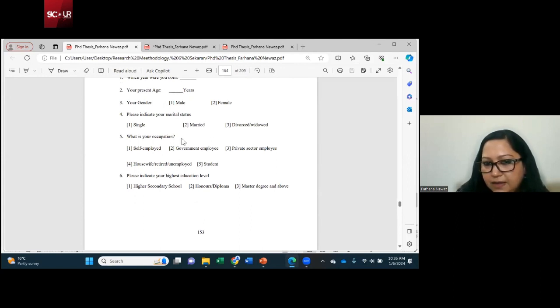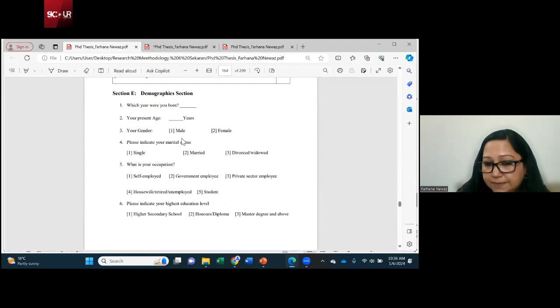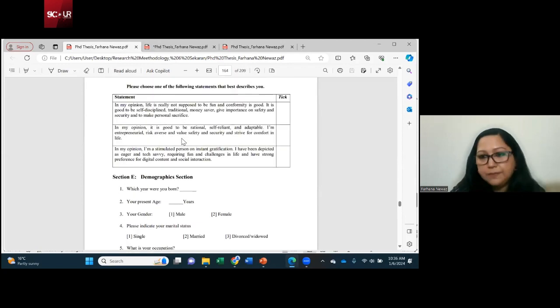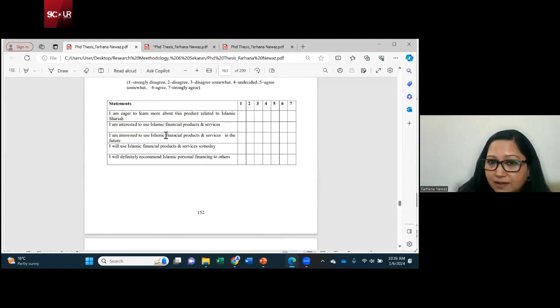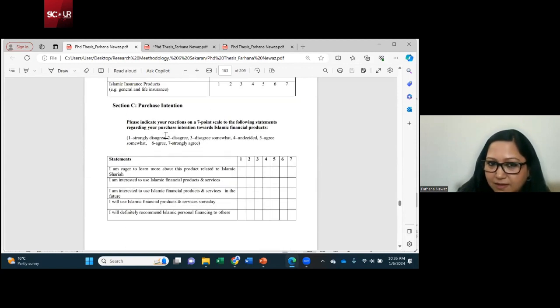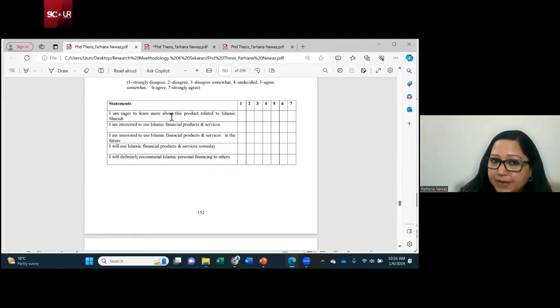Okay, understood that. How about the questions? Rather than putting 1 until 7 marks, can I just give a question and they answer ABC? No, it should not be like this. That's why I'm saying the measurement scale should be like this for the independent and dependent variables.